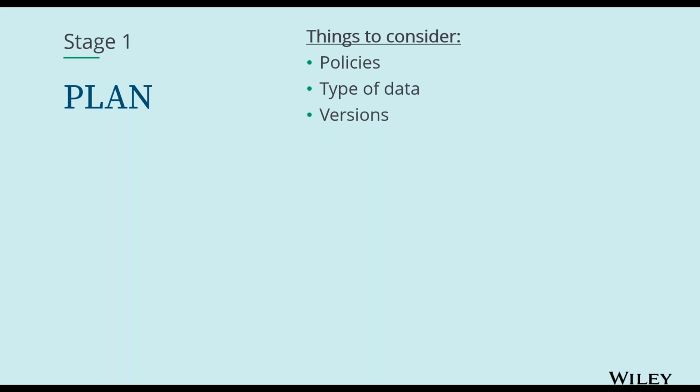You also want to think about versions. When you think about versions, you might think it's more complicated than it actually is. All it is, if you have a Word document and you make it on day 1, and on day 2 you open it up and make changes, instead of just saving that file with the same name as the original version, you create a version 2 so that you're tracking the changes over time.